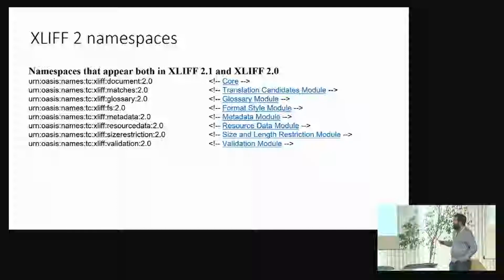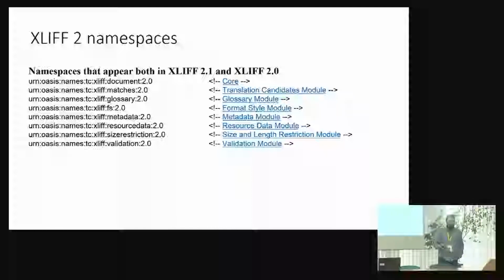So this is the core namespace, then the translation candidates module namespace, and you may notice that the OASIS namespaces are for historical reasons in URN form. Then the glossary module, the format style module. The idea is that the core is interoperable. Everyone has to support and process that, and specialized agents make use of those specialized modules that are isolated in different namespaces.